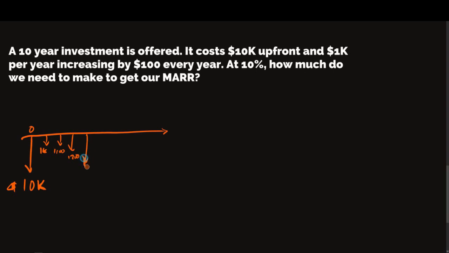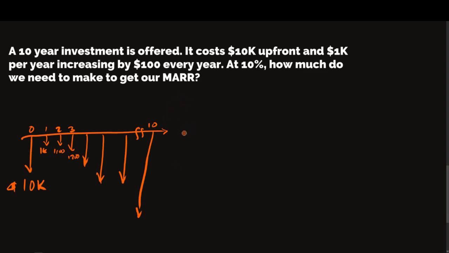It starts off being $1,000 and then increases every year. It's 10 years, so this would be 1, 2, 3, whatever, and over here is 10. The question is, how much do we need to make to get our MAR back?